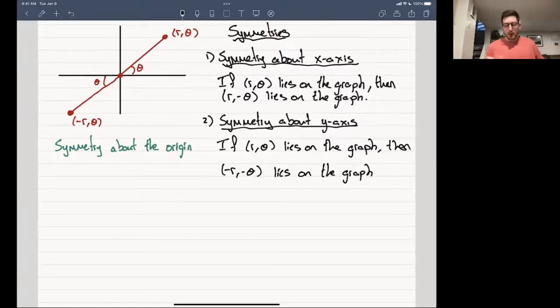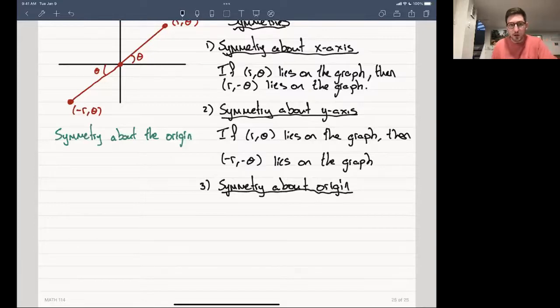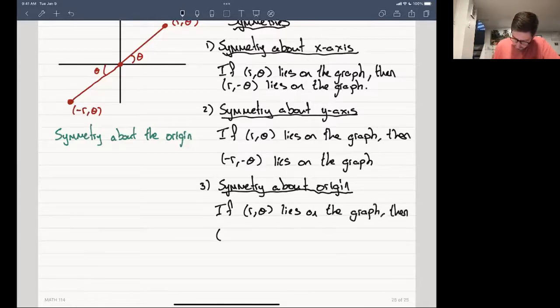Okay, and obviously the last one has to do with my third picture. This is symmetry about the origin, akin to an odd symmetry for a function. So this says if r theta lies on the graph, then minus r theta lies on the graph.